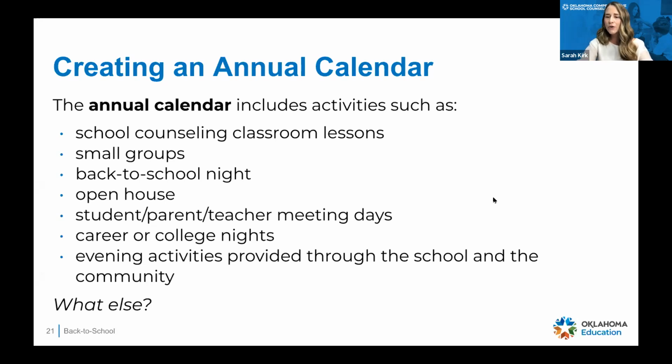So I would put those types of things in the ongoing services section, because you don't want to have to list it every month, because you probably do it throughout the school year, but it gets a little repetitive if you include it in August and September and October.